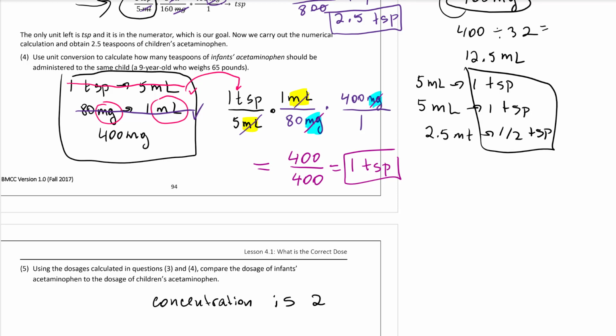You got to give 2.5 times as much medication to a child. So what that means is that the infant's concentration is 2.5 times stronger than children's concentration.